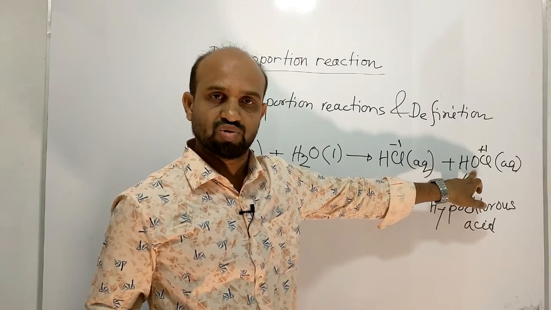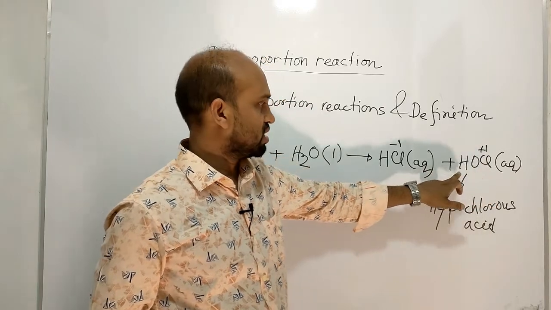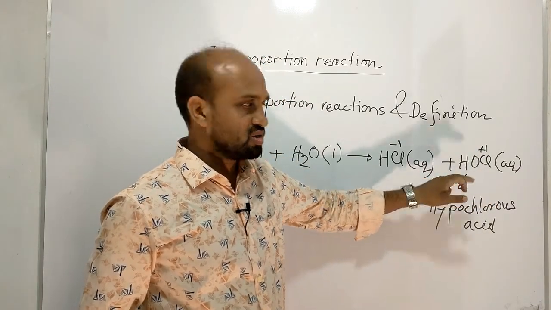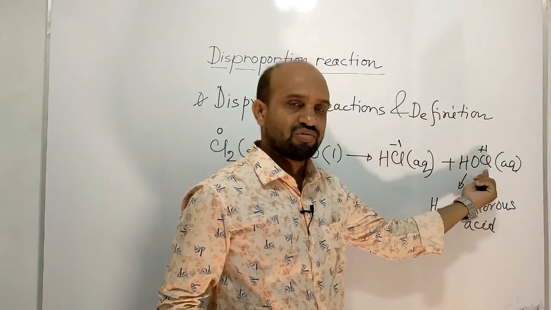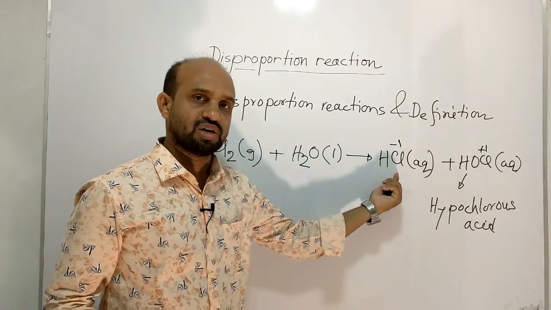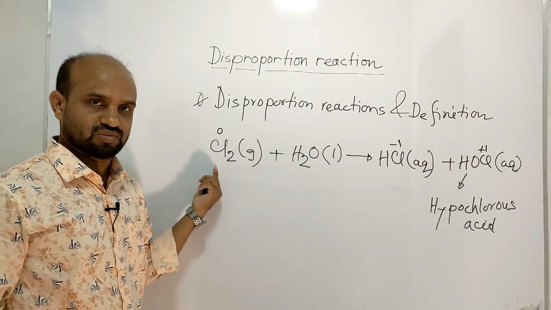It accepts 2 electrons. One is donated by chlorine, another one is donated by hydrogen. So the oxidation number of chlorine here is +1, here -1, and in this chlorine molecule it is 0.